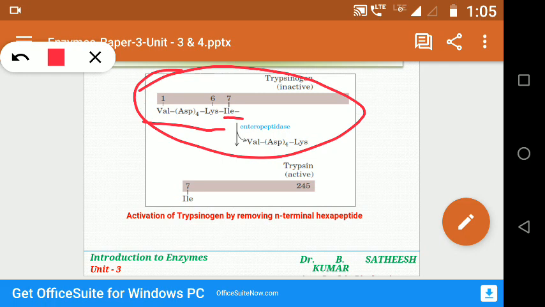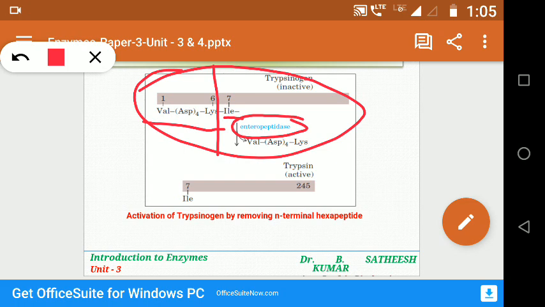Now the enteropeptidase, which is synthesized by the duodenal mucosa, is a serine protease, a proteolytic enzyme. This proteolytic enzyme specifically cleaves the peptide bond between lysine and isoleucine, between the sixth and seventh amino acid.